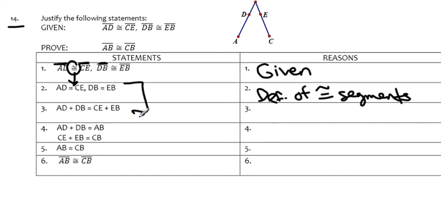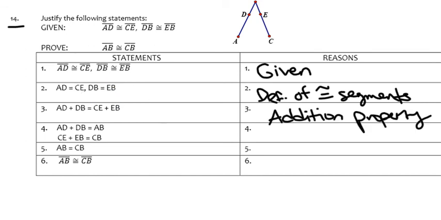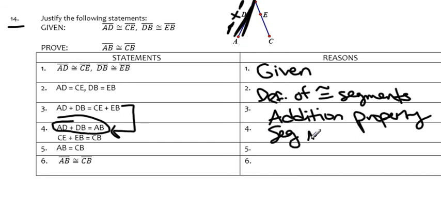Okay, number 3, from 2 to 3, we take AD and CE and we add to it DB and EB. So we're adding the same thing to both sides of an equation, which is your addition property. From here to here, we have no real connection, so we look at this statement alone, and it's giving us segment AB, which is equal to AD plus DB, and that's your segment addition postulate.